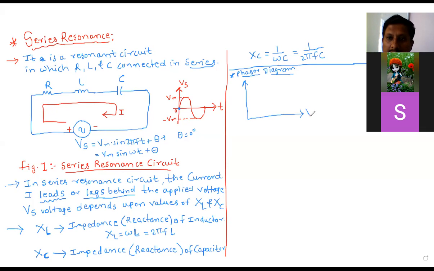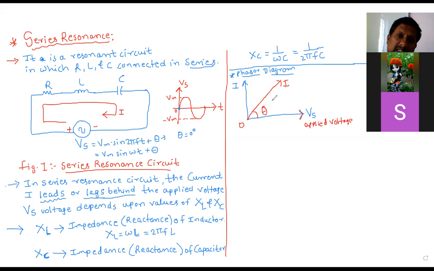Here on the x-axis we are taking the voltage Vs, and on the y-axis we are taking the current I. If the current comes somewhere here, the phase difference between the applied voltage Vs and I starts from 0, and we can consider it as theta.